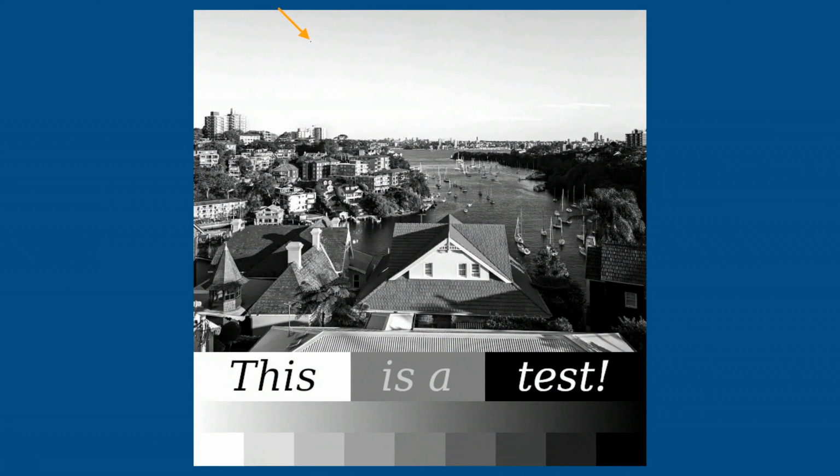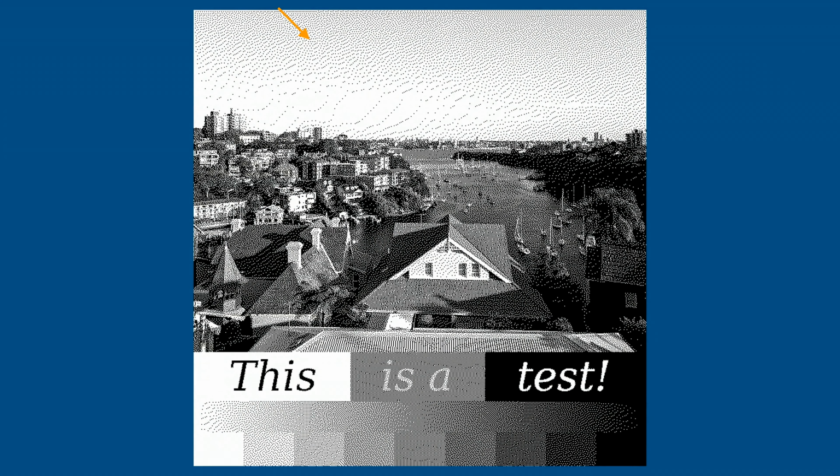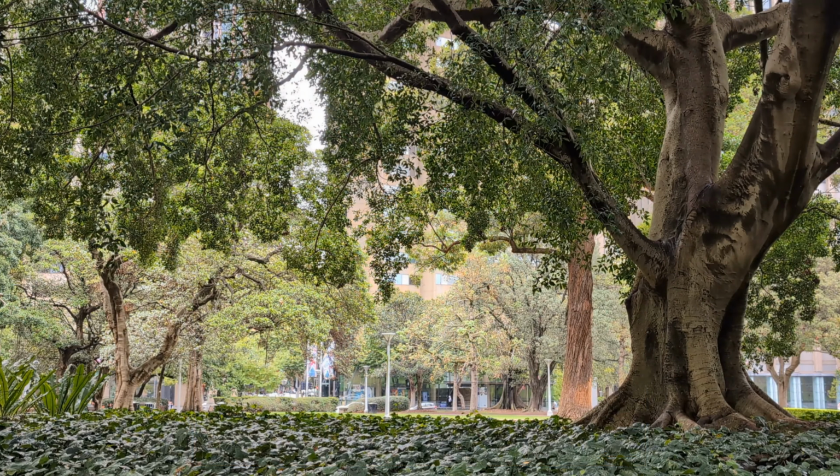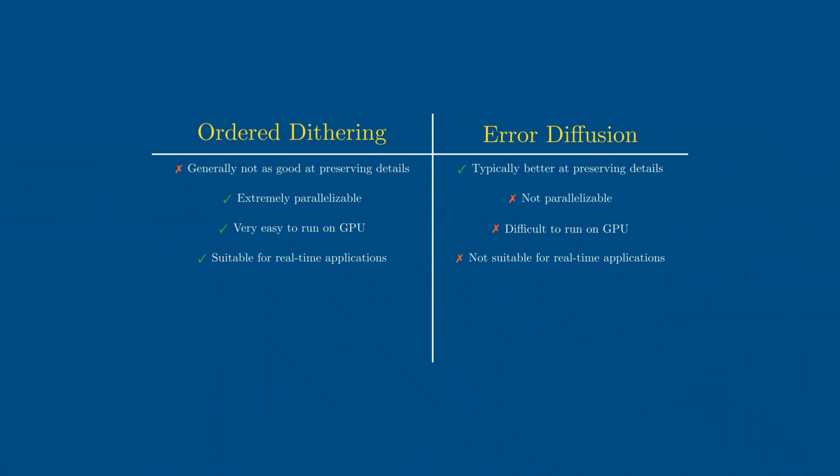With errors propagating across the image, the value of a pixel on one side of the image can depend on a pixel on the other side. This is terrible for temporal coherence. For the same reason, you can't do incremental updates of an error diffusion dither.